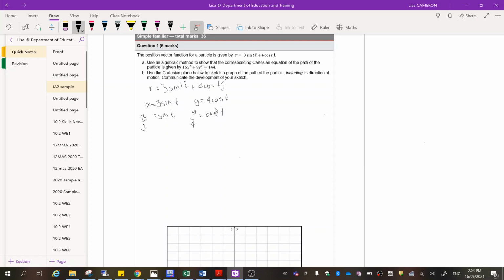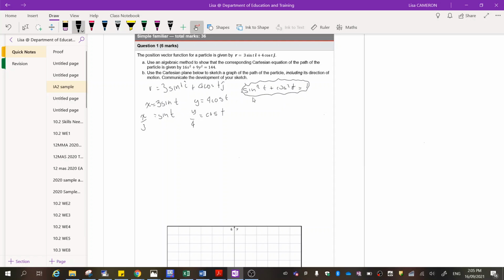Now, this question is very difficult purely because you need to know a lot of little mathematical details, a lot of formulas, but most of them are on the formula sheet. With this, you have to recognize a Pythagorean identity, that sine squared t plus cos squared t is equal to 1. This is a very important formula that you'll need to know to do this question.